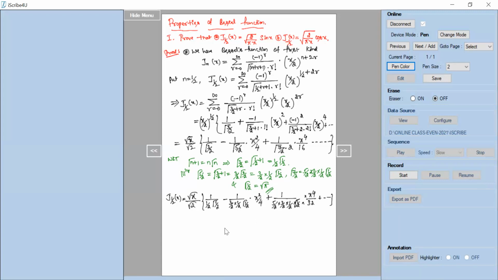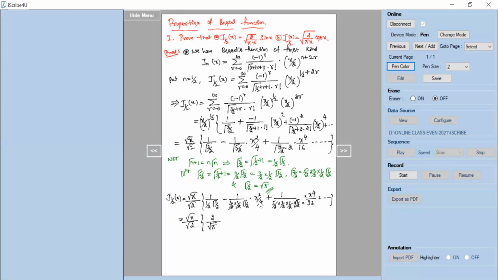So this can be written as square root of x by square root of 2 into, this 2 will go to the numerator. It is 2 by gamma 1 by 2. Gamma 1 by 2 is square root of pi. And here this is 2 to the 4. This 4 cancels with this 4, because this is 2 to the 4, that 4 will go to the numerator. 4 and 4 get cancelled.